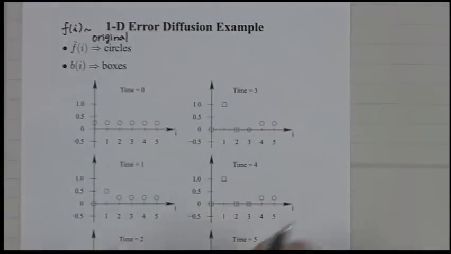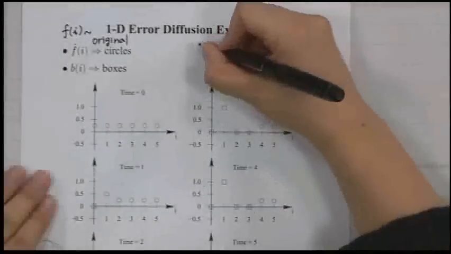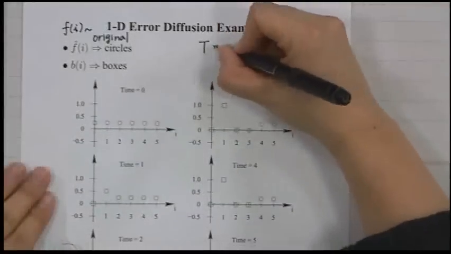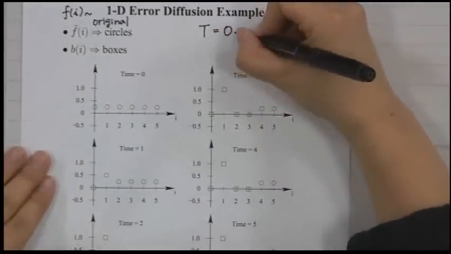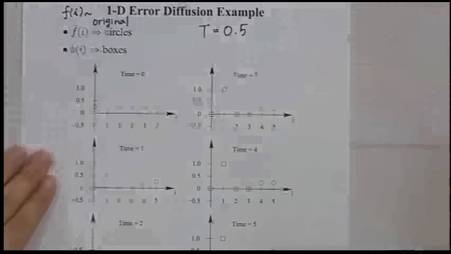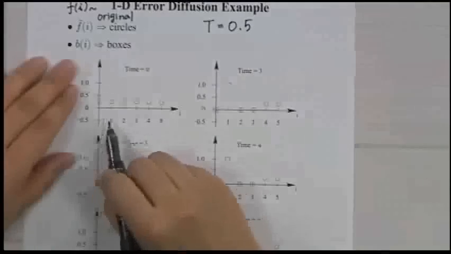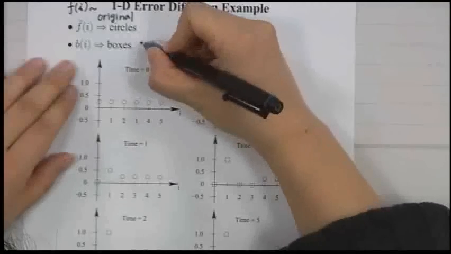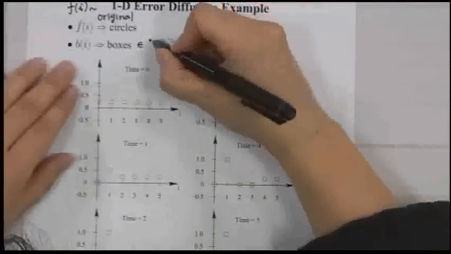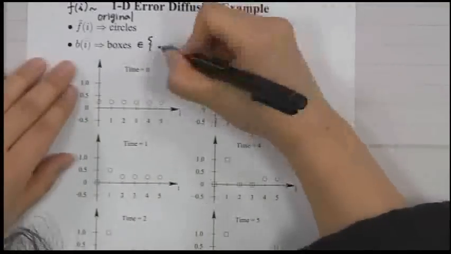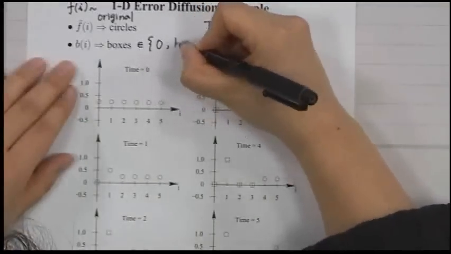And here we use threshold 0.5. The final output we want is a binary value, 0 or 1.